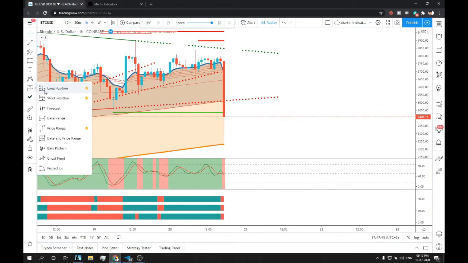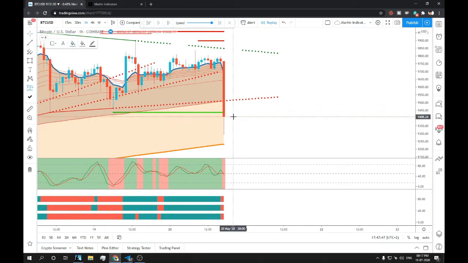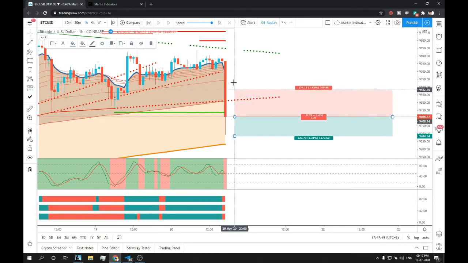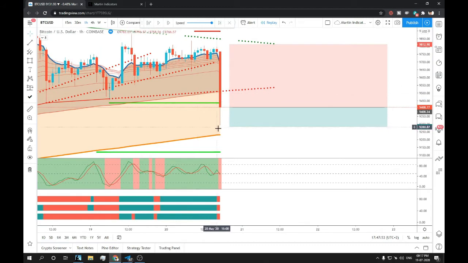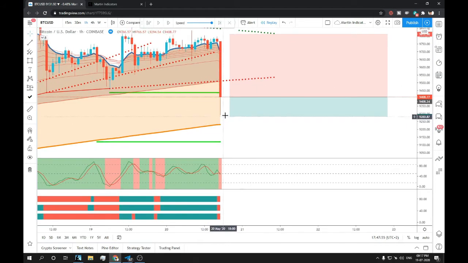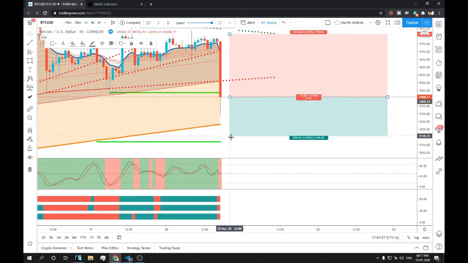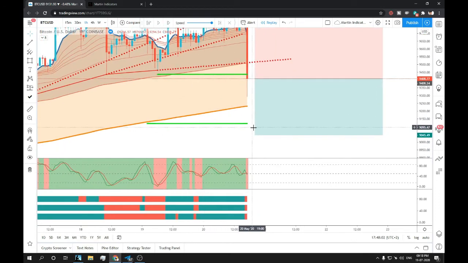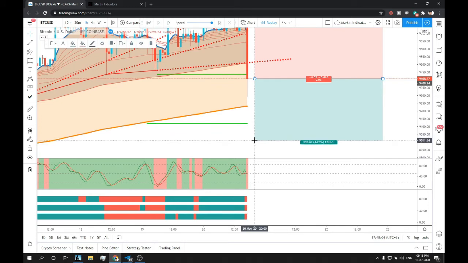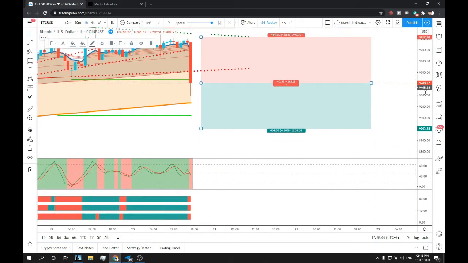We can take this short with a small position, guys, because it has broken all the key levels and the only support is over here. That's around $400, so we can take a small position entry.